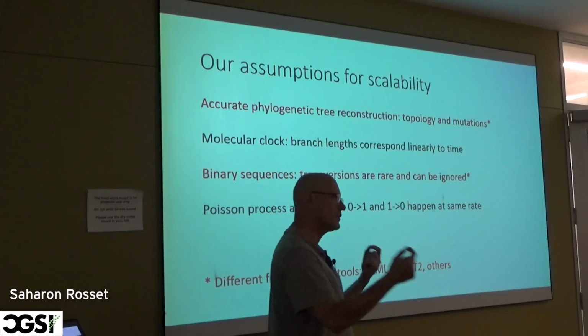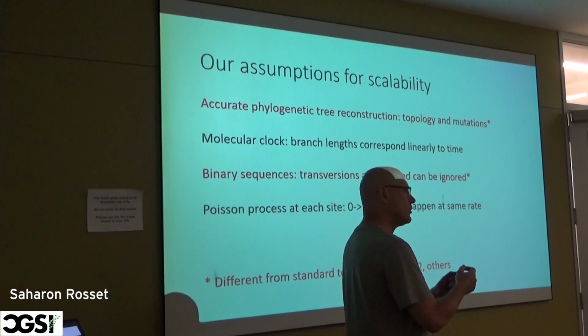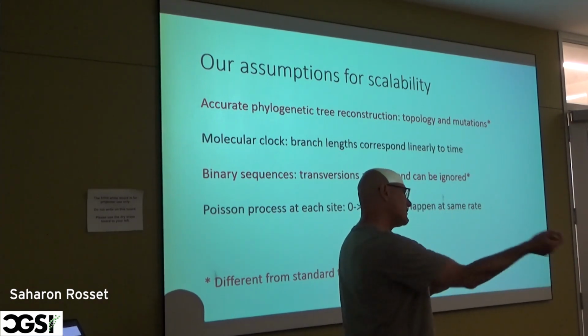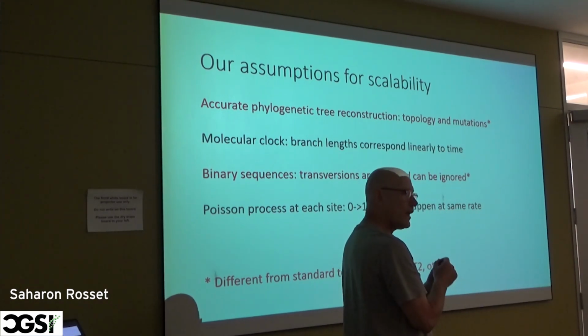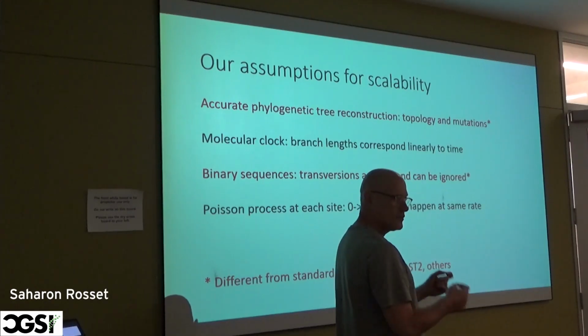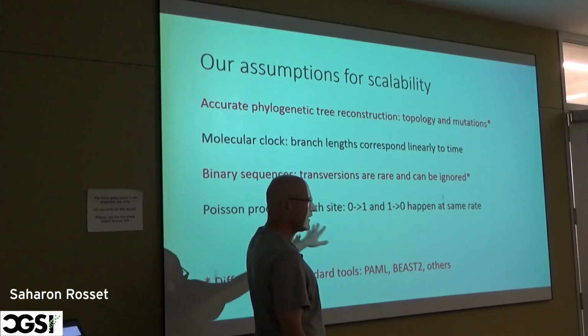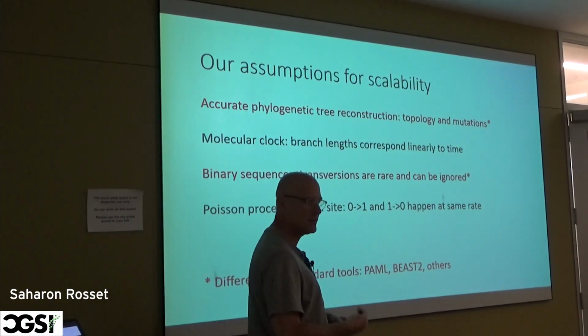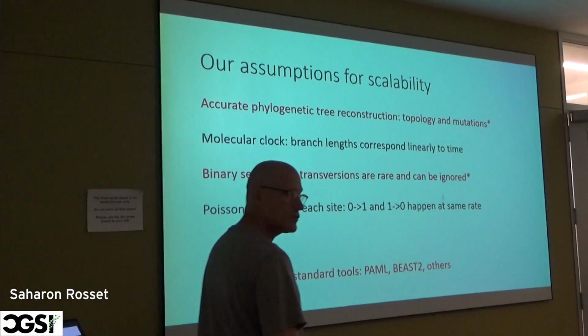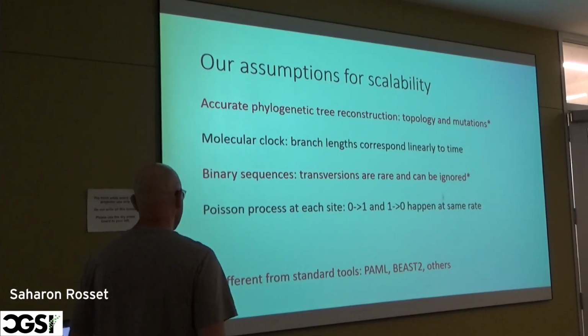We also need a symmetry assumption that the rate of mutation from A to G is the same as the rate of mutation from G to A in each site. So if we assume that for each site, now we have a Poisson process. The number of mutations that happen at each site is basically Poisson distributed.